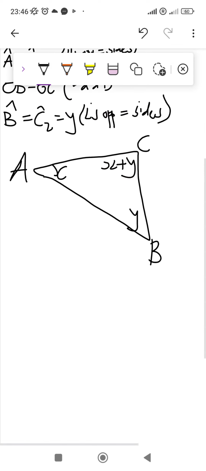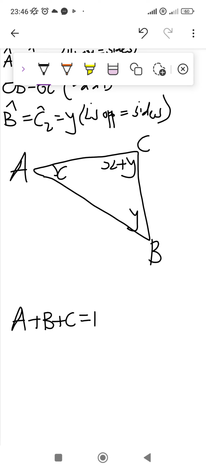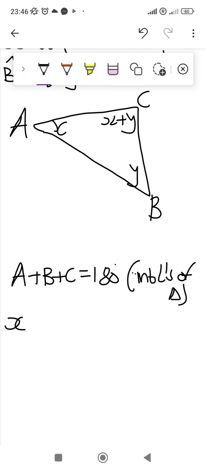Okay, great. Now we look at that triangle, and we know from all triangles that A plus B plus C is going to equal 180 degrees. So let's say A plus B plus C is equal to 180 degrees. Reason: interior angles of a triangle. Right, so let's say A is X, B is Y, C is X plus Y. And all of this is supposed to equal 180.